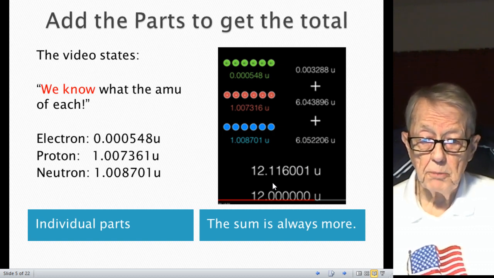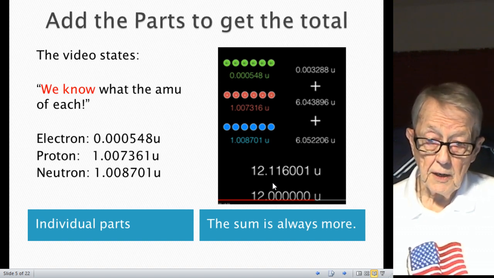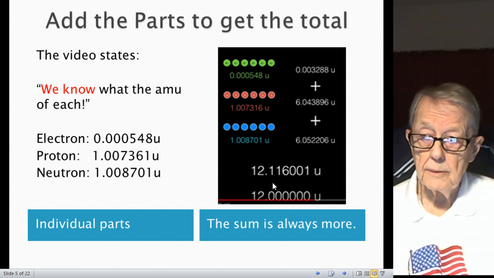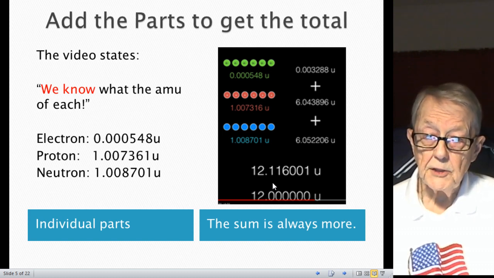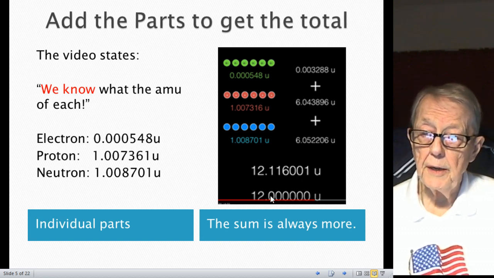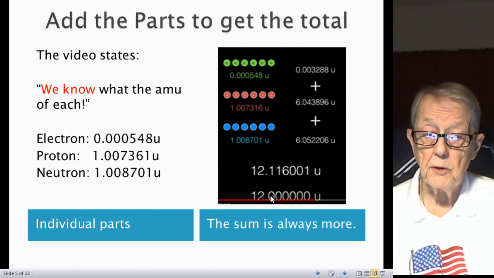You get 12.116001 units. And the video claims that the sum of the parts is always more than the composite, than the carbon-12 or the U-235 or whatever atom you're talking about.